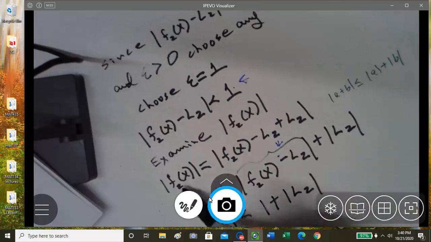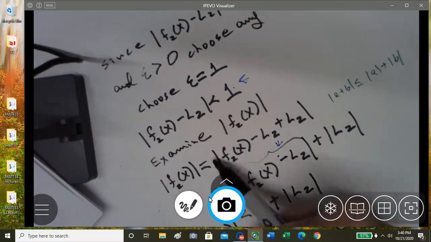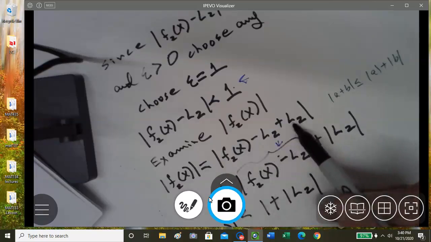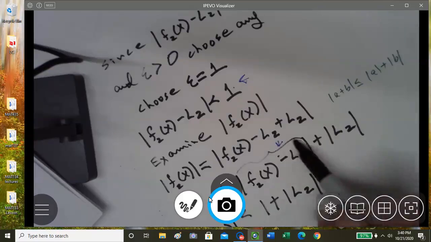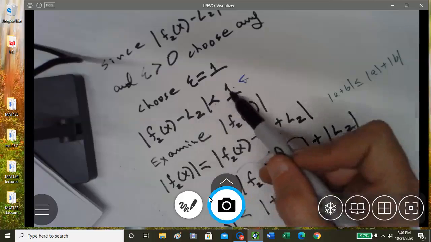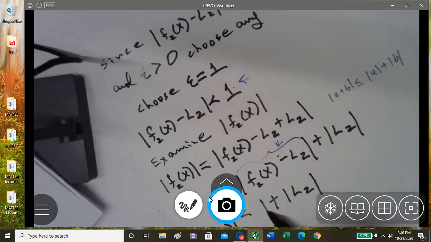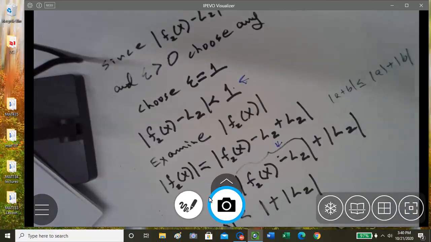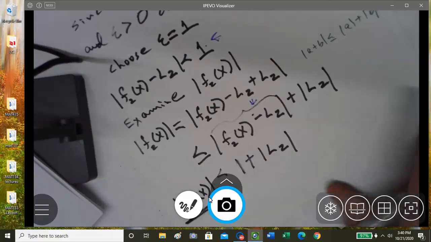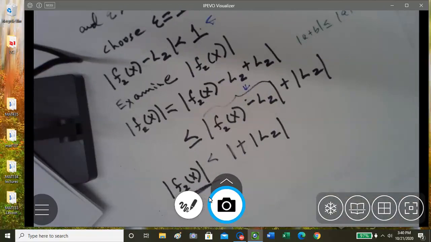Okay, because we said f2(x) is equal to f2(x) minus L2 plus L2, split it, and then we also said up here that the absolute value of f2(x) minus L2 is less than 1, so we substituted 1 in there. This is key right here. That's what we're going to use to substitute in for our epsilon.